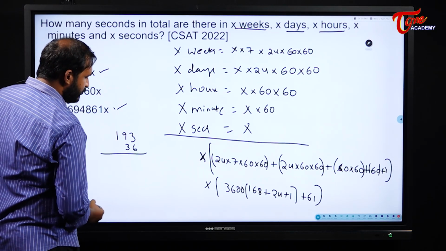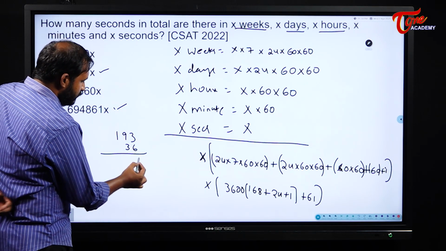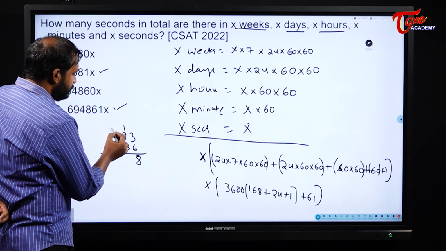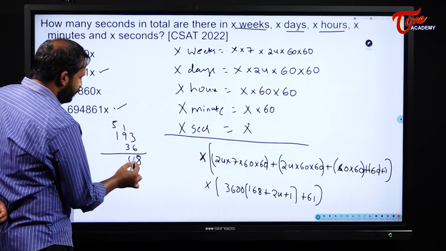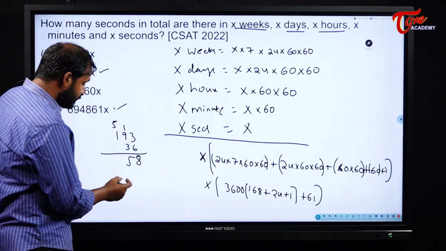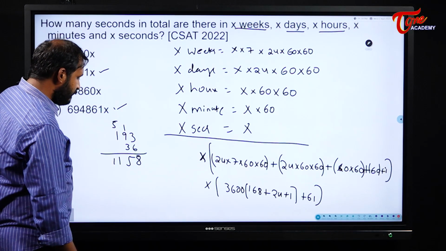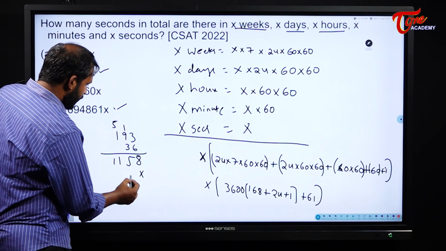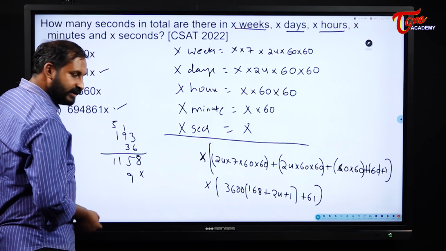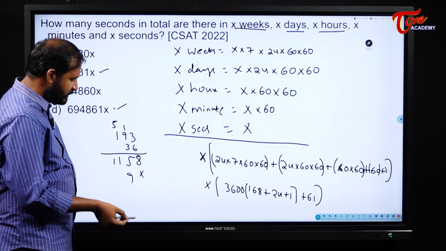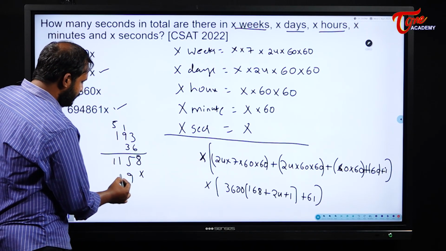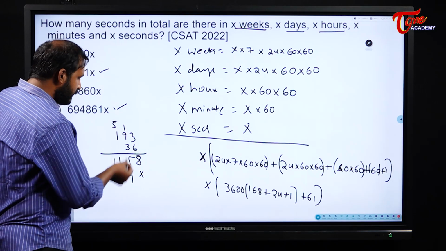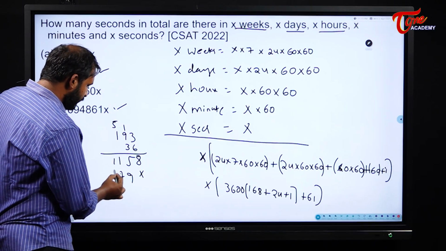Solve this one. What you will get here? 8s are 18, 55. 6 1s are 6 plus 1, 11, 1158 we will have. Next, into 9, 193 3s are, directly also you can say, but see here, 2 27s are, 3 9s are 27, and you will have 2, so 5.